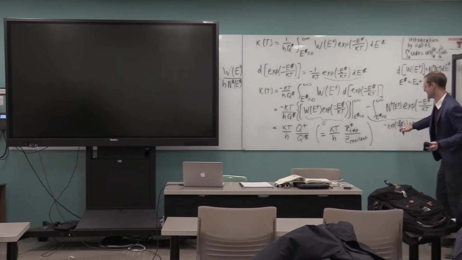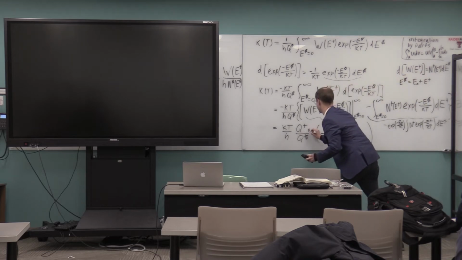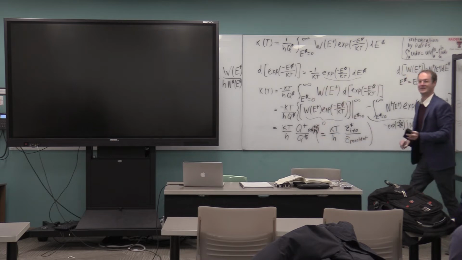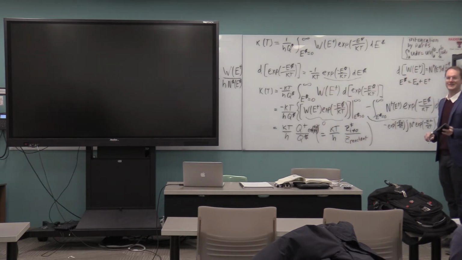So then you get this exponential of E0 over KT. So yeah, that was missing. Sorry about that.